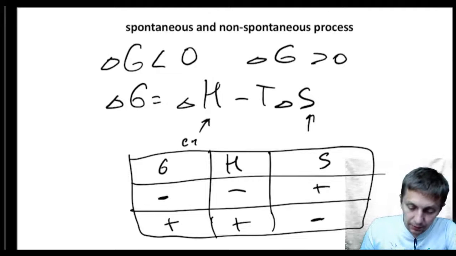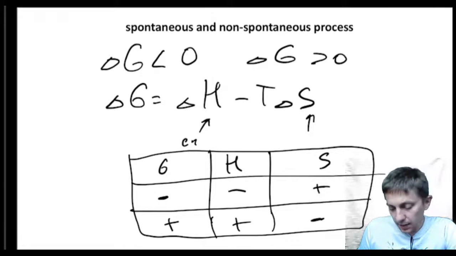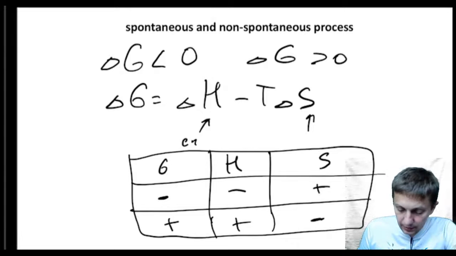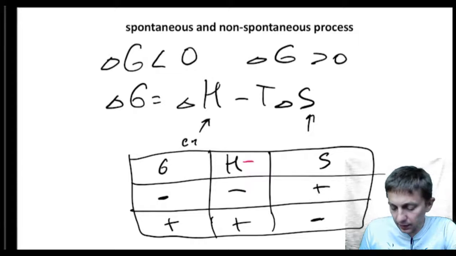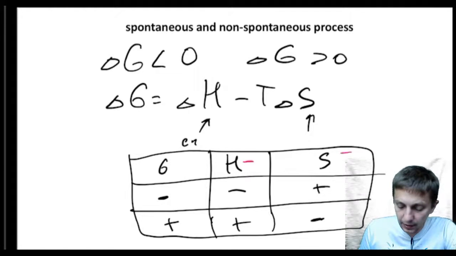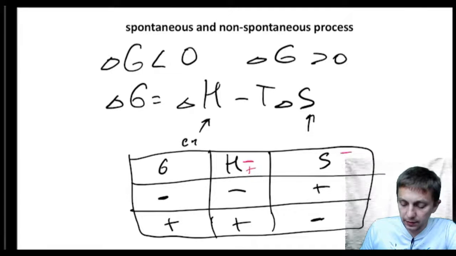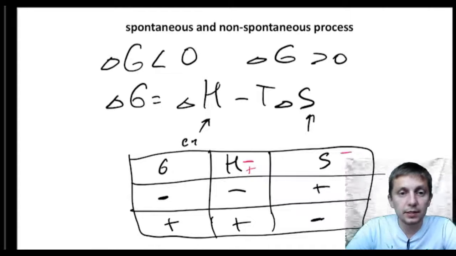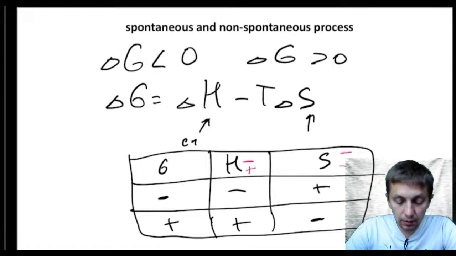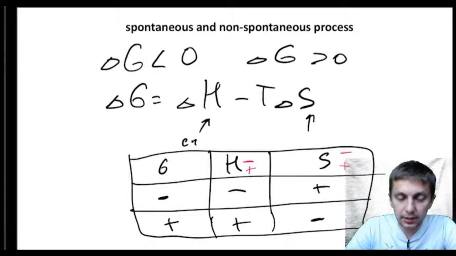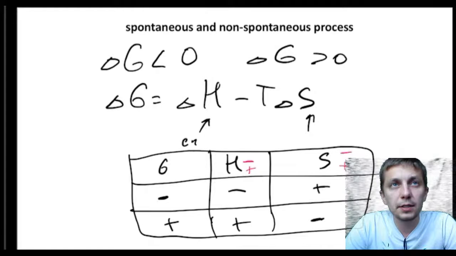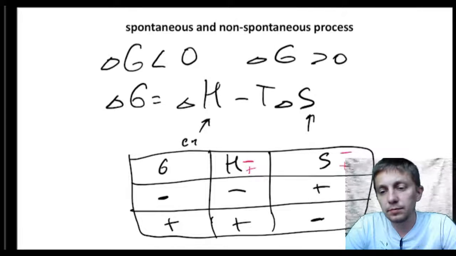But if we're dealing with negative enthalpy and negative entropy, or positive enthalpy and positive entropy, it can be different. So a reaction will be spontaneous only in one case: if Gibbs energy is less than 0, and all processes in our body are spontaneous processes.